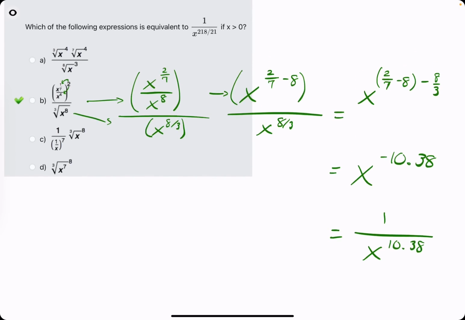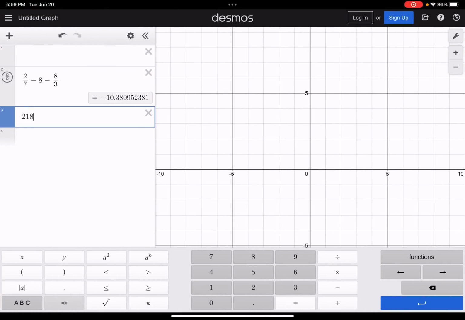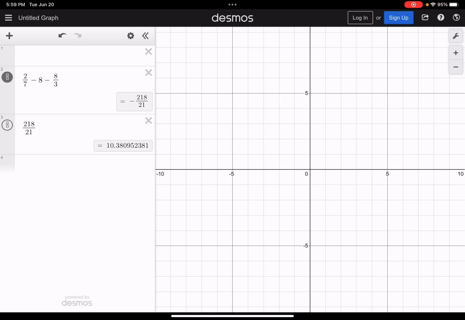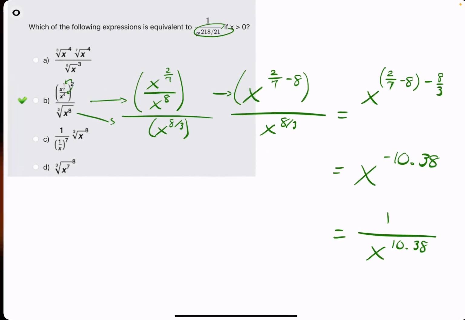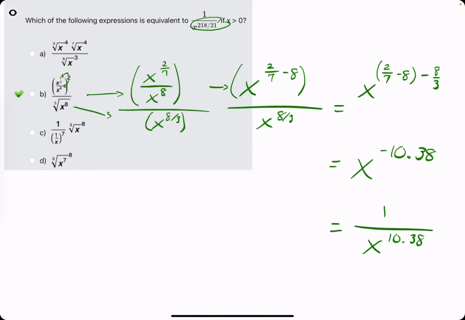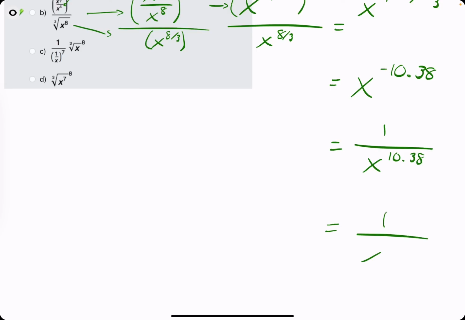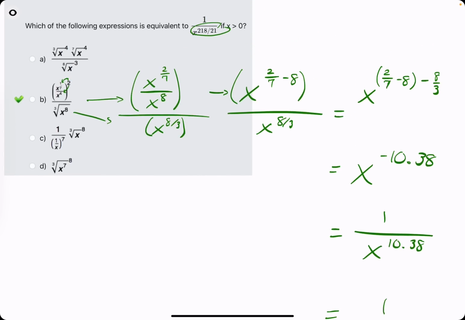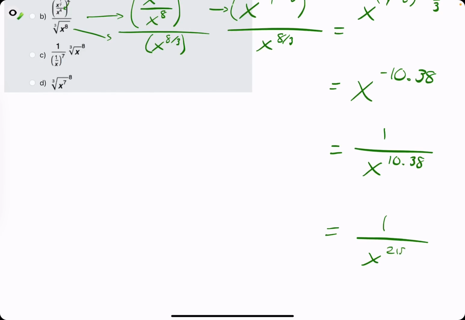So then, we could do 218 divided by 21, and we show that that is also equivalent to 10.38, or you could just hit the fraction button on the last calculation there to show it gives you negative 218 over 21, which would translate to 1 over x to the 218 over 21.